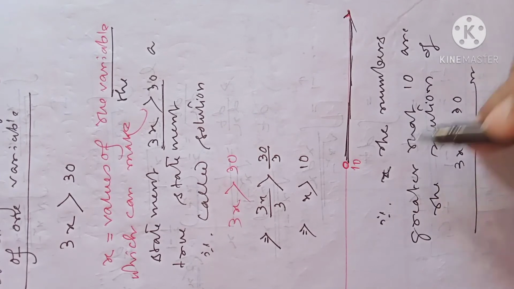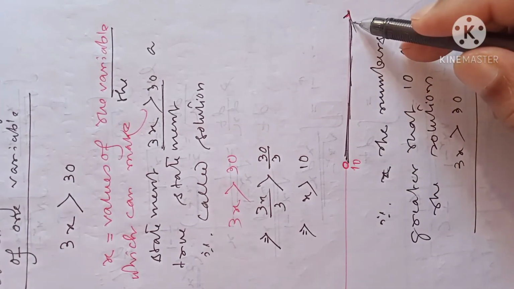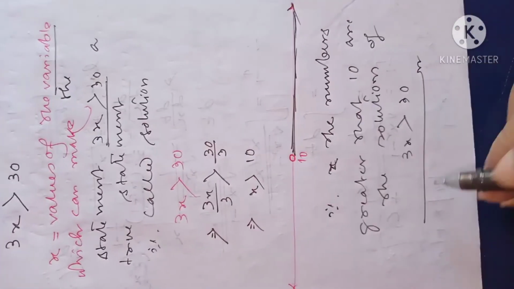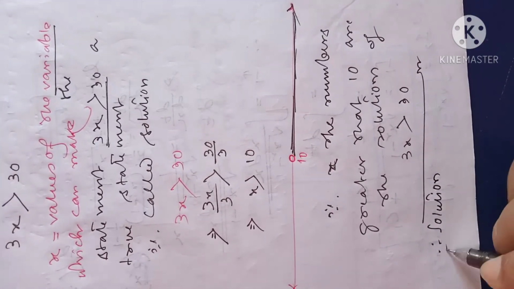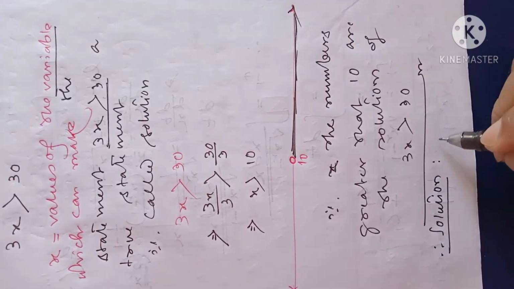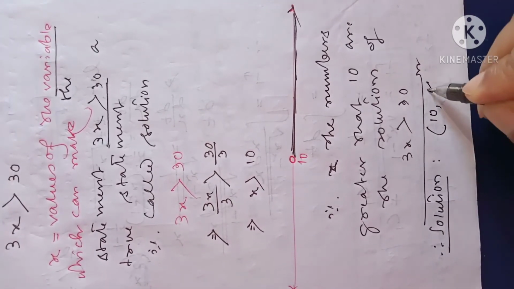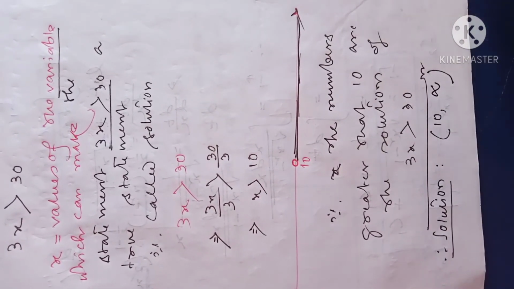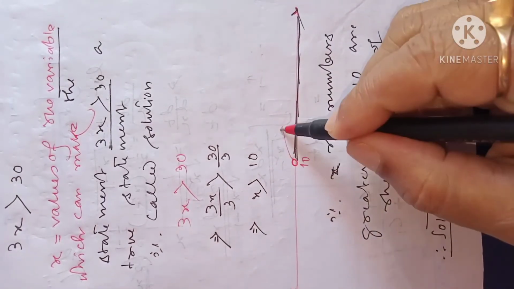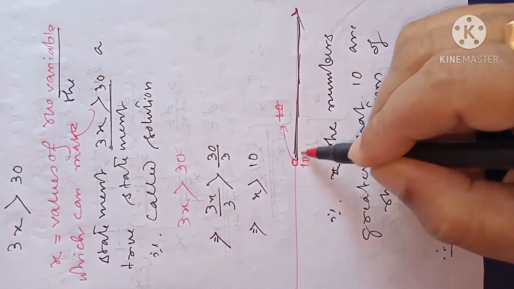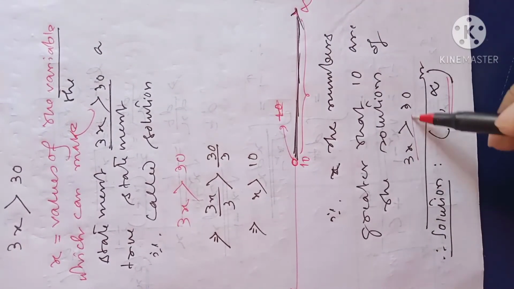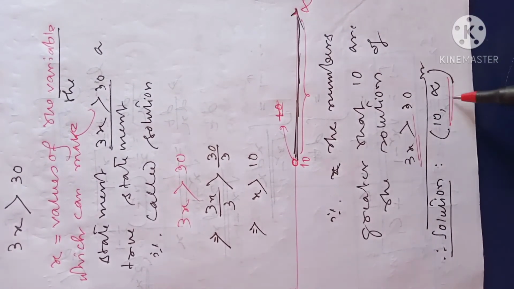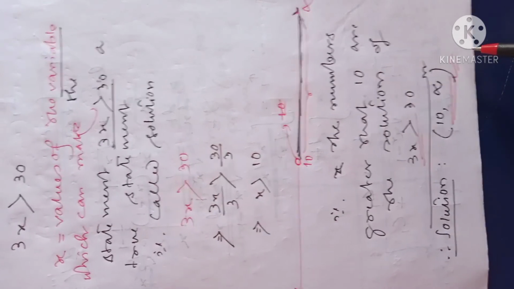So the solution set we can show by means of a diagram, or write in the form of intervals, like 10 comma infinity, meaning all numbers after 10 up to infinity can satisfy this inequation. So the solution set is 10 comma infinity.